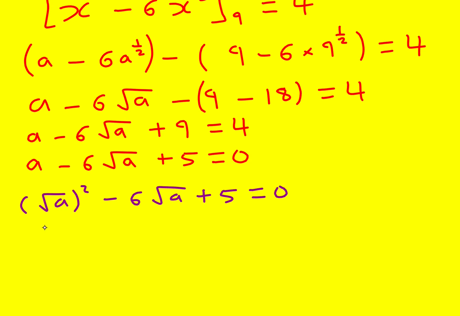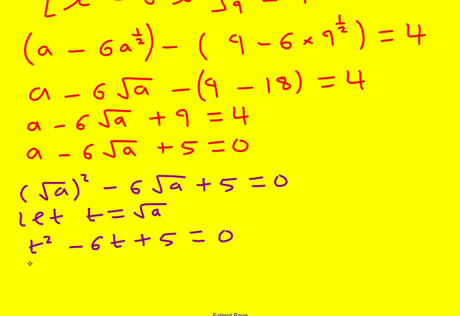So I can either factorize in terms of root a, or I can do a substitution: let t equal root a, then we'll get t squared minus 6t plus 5 equals 0. And after all this, we've got a quadratic to factorize.